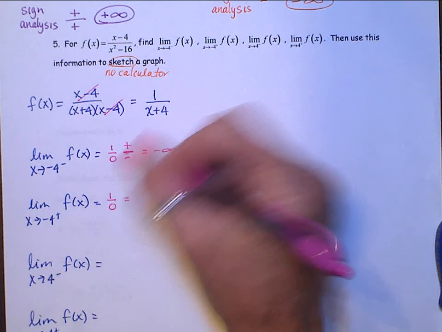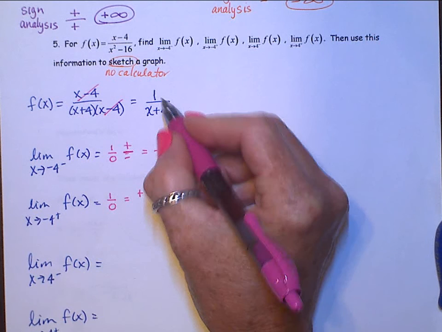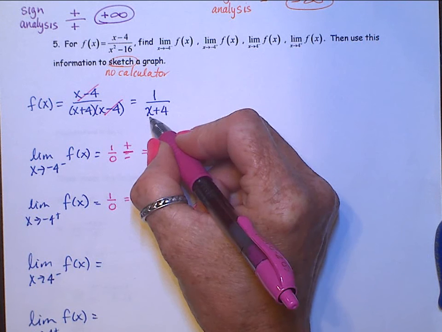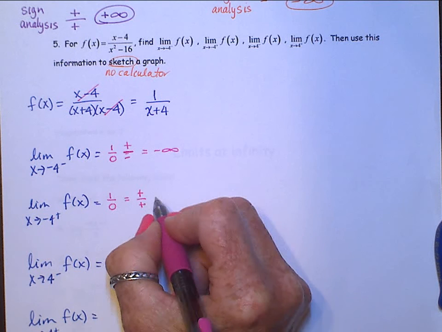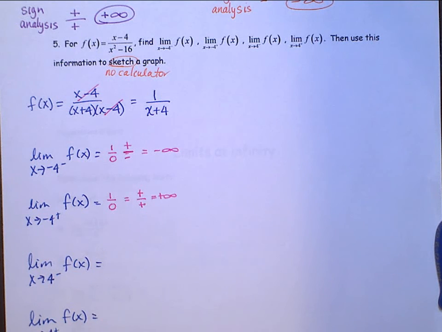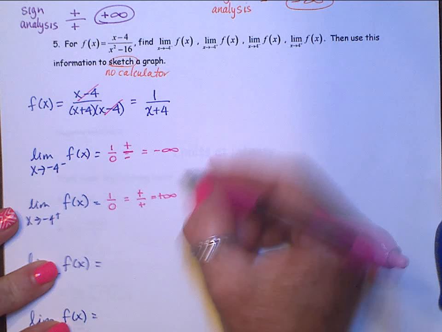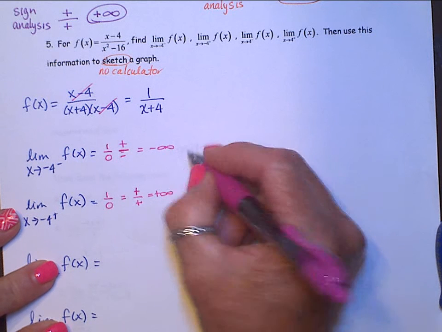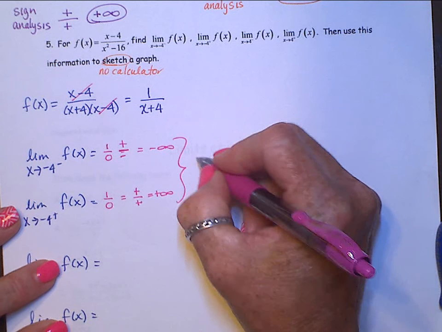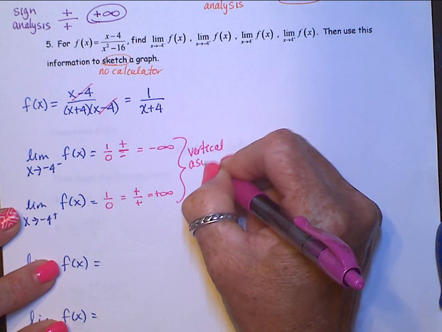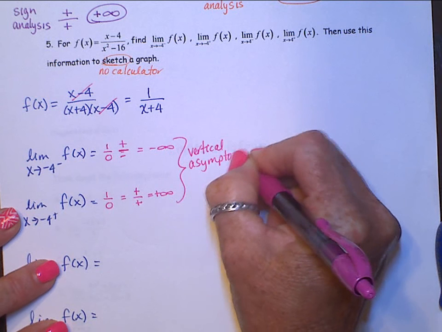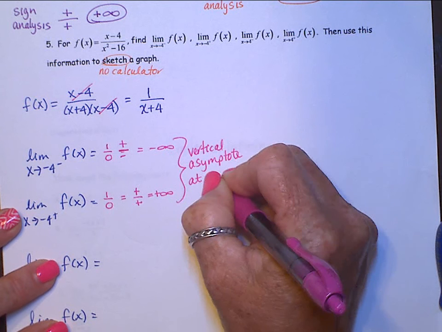The numerator is always positive because that's 1. Negative 3.99 plus 4, that's positive. So that's positive infinity. These two answers right here tell you there is a vertical asymptote at x equals negative 4.